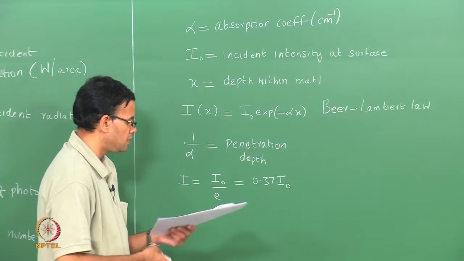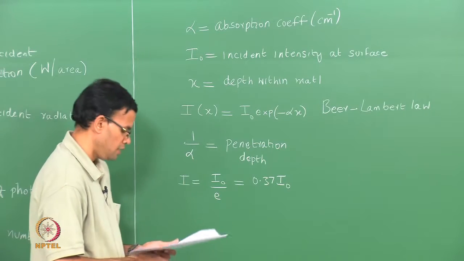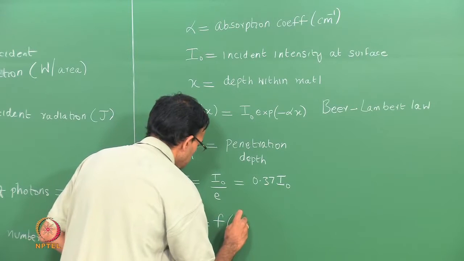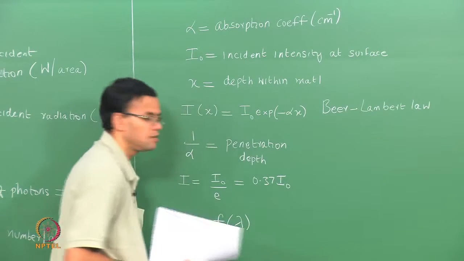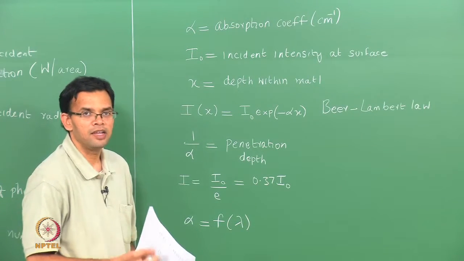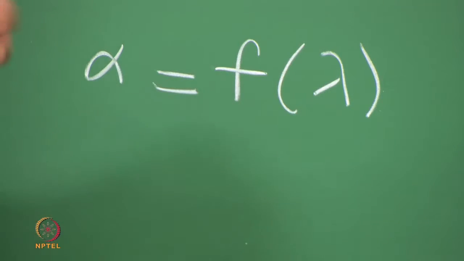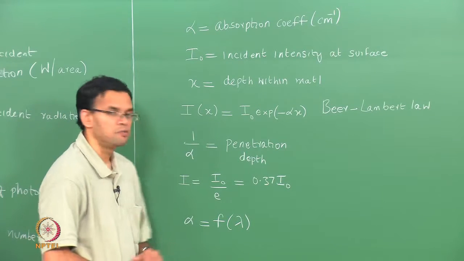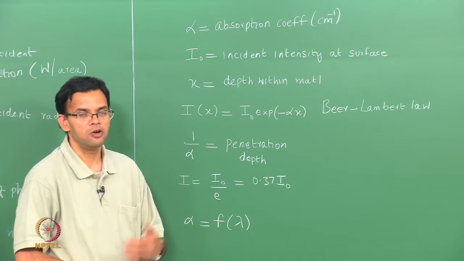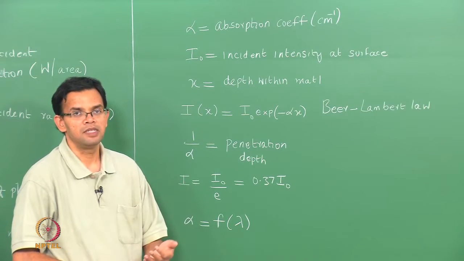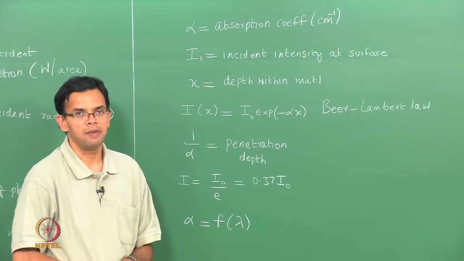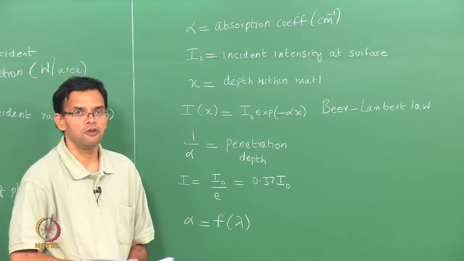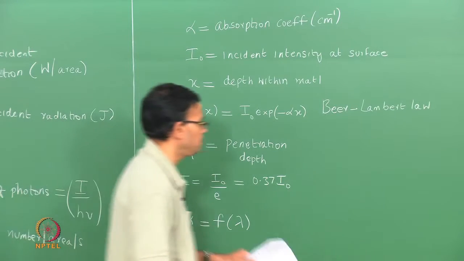We can relate this to the band gap of a material, so that alpha is actually a function of the wavelength of light, because wavelength relates to energy and the energy can be compared to your band gap. So, if you look at a semiconductor, alpha is small if the energy is below Eg, and then alpha becomes large once your energy exceeds the band gap. We can show this by plotting the absorption coefficient as a function of energy.